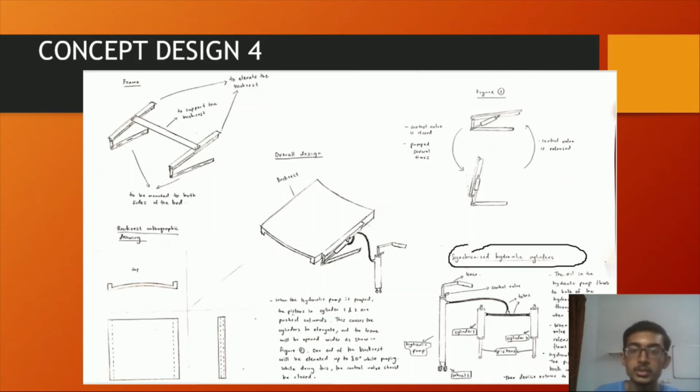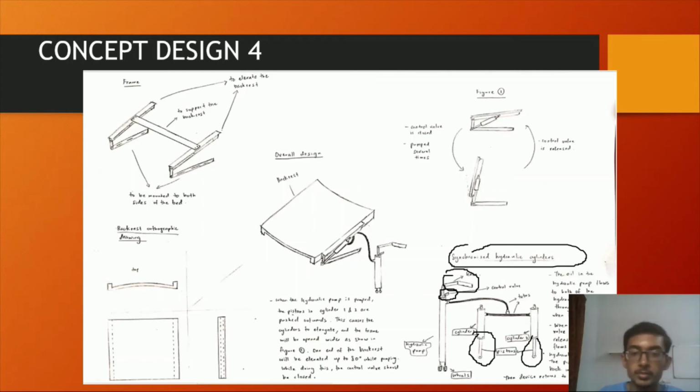Basically how the hydraulic system operates is there is a lever here for the operating person to pump. Before pumping the hydraulic pump, they have to close the valve here. There is a small valve here which they have to close, and then when they pump it, the piston of both of the cylinders will be pushed outwards, and the hydraulic cylinder will elongate.